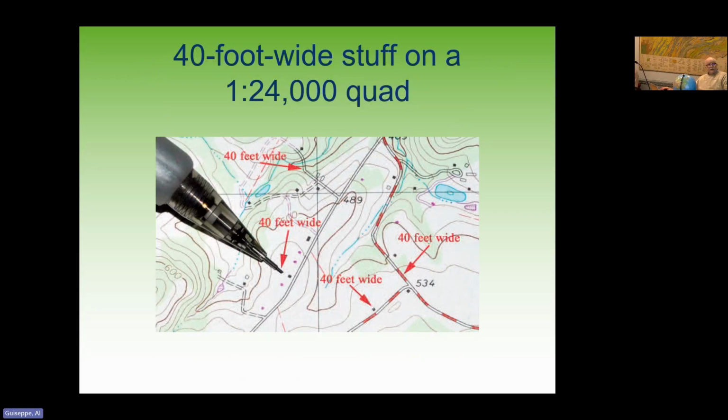Now on the 7.5 minute topo map, a road is 40 feet wide, a pencil line is 45 feet wide. The USGS, which I love, they're 40 feet. And when you're trying to plot this stuff on the map and you're up against the road outside, you may be in the middle of the road on the map.